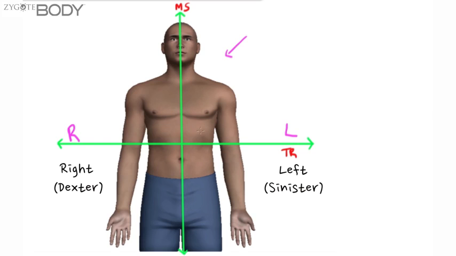So anything found on this side is the subject's left side, therefore this is a left part, and we can call this the left lung and the left kidney, and so forth. The same thing applies on this side: anything on this area is the right side of the subject, and therefore we can call it the right lung, the right kidney, and so forth. Moving on to other directions that we need to know.